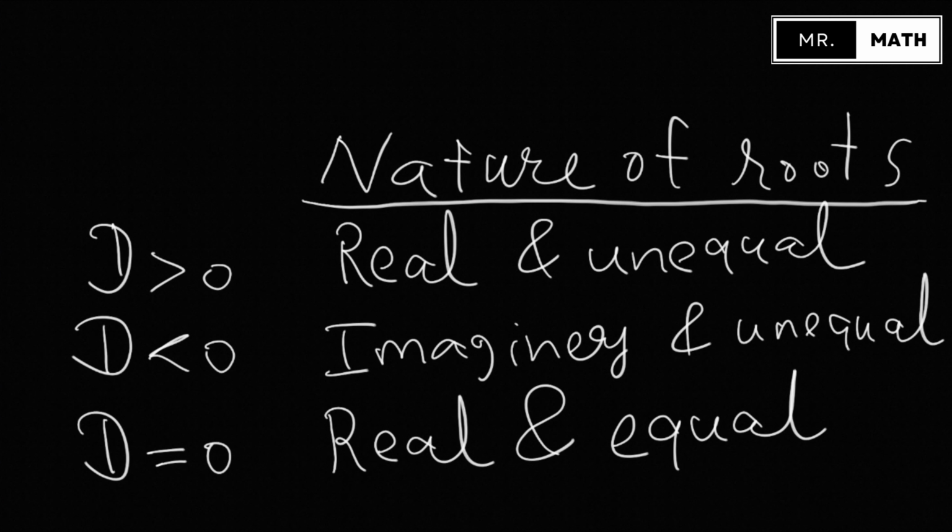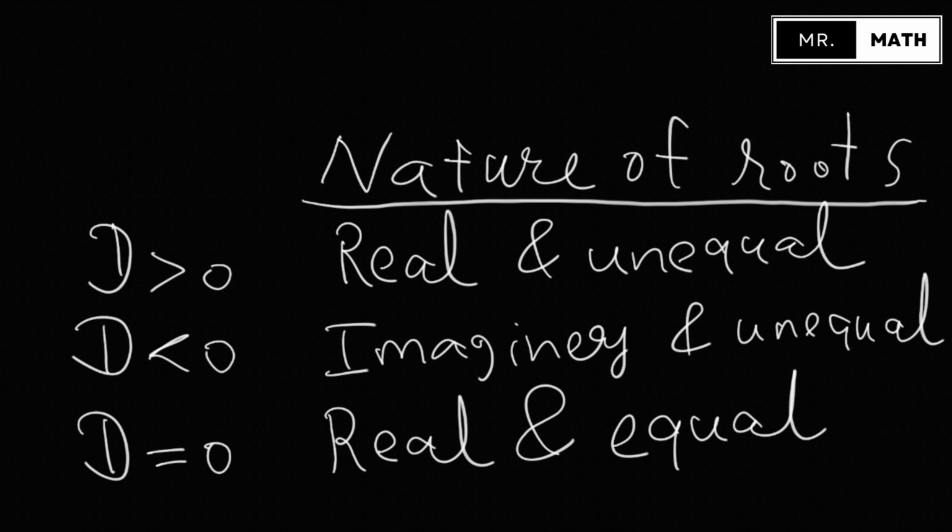Nature of roots is nothing but just information about the roots, whether they are real or unequal or the same or imaginary. So these are the three conditions you need to keep in mind to tell the nature of roots just by looking at the equation. There would be no sense in calculating the roots just to check whether they are imaginary or not, right?